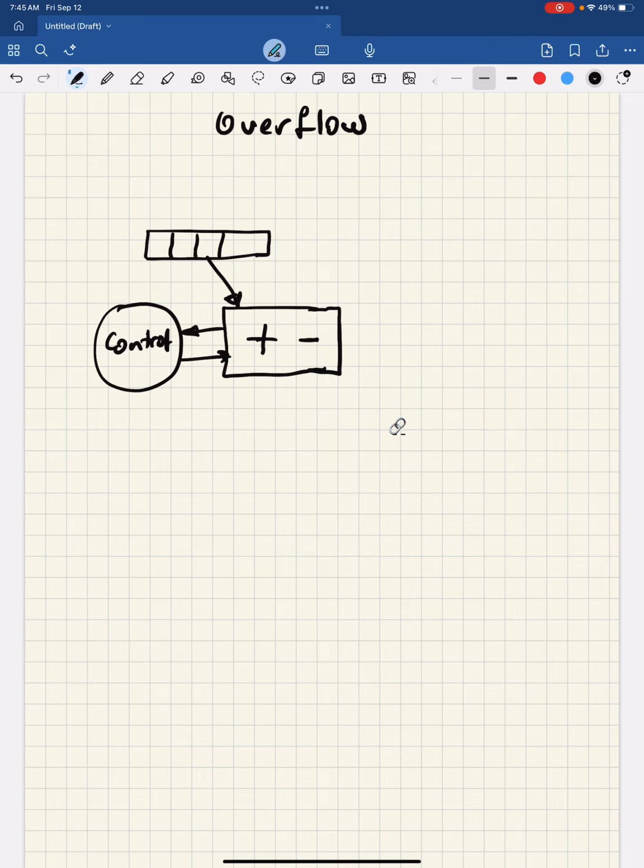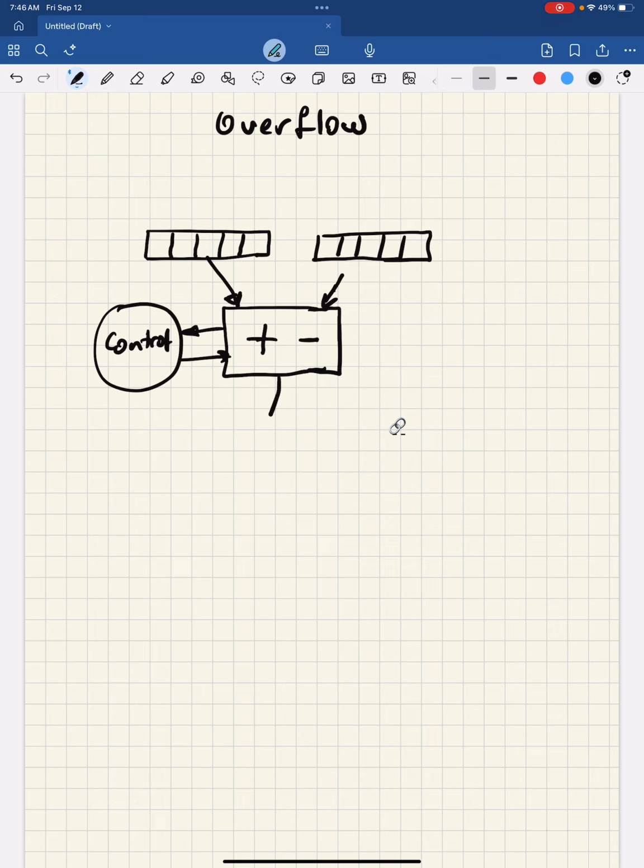For the sake of this example, we will assume that our registers have 1, 2, 3, 4, 5 positions. We will need 2 of those registers to hold the numbers that we're going to be adding. Each of those would be 5 positions.